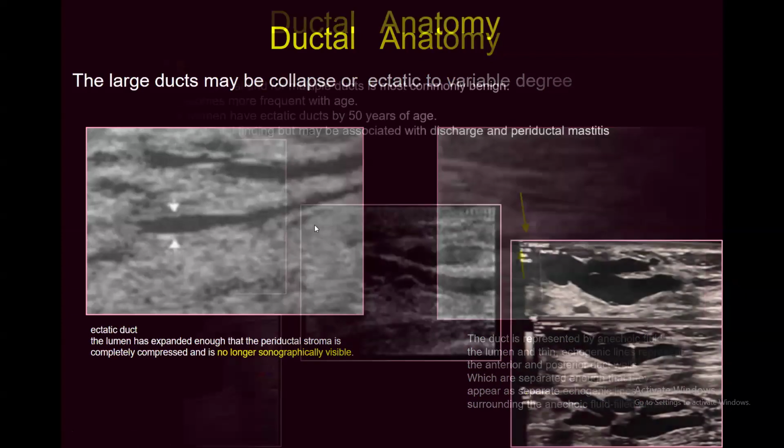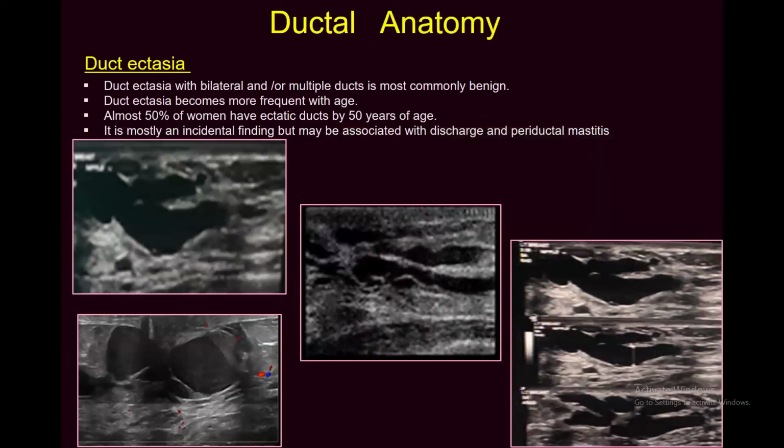These are examples of ductectasia. Variably dilated ducts, most of these examples are anechoic, just a simple ductectasia, while this is a complicated ductectasia. There are internal echoes.